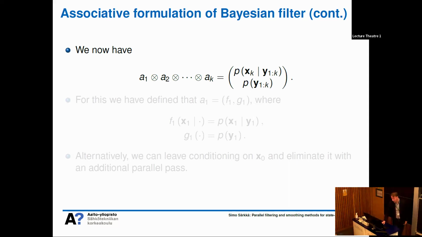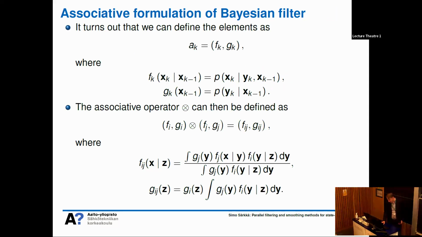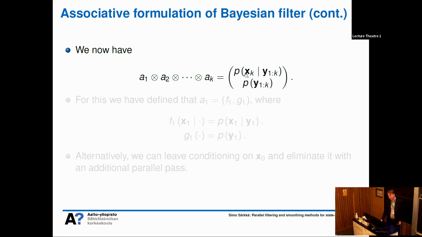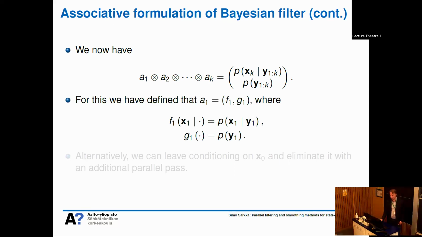Well, to be very precise, if we just look at the equations, I know that we actually get xk given y from 1 to k given x0. So we need to do a bit of a trick and define one of the elements to be already marginalized over x0.